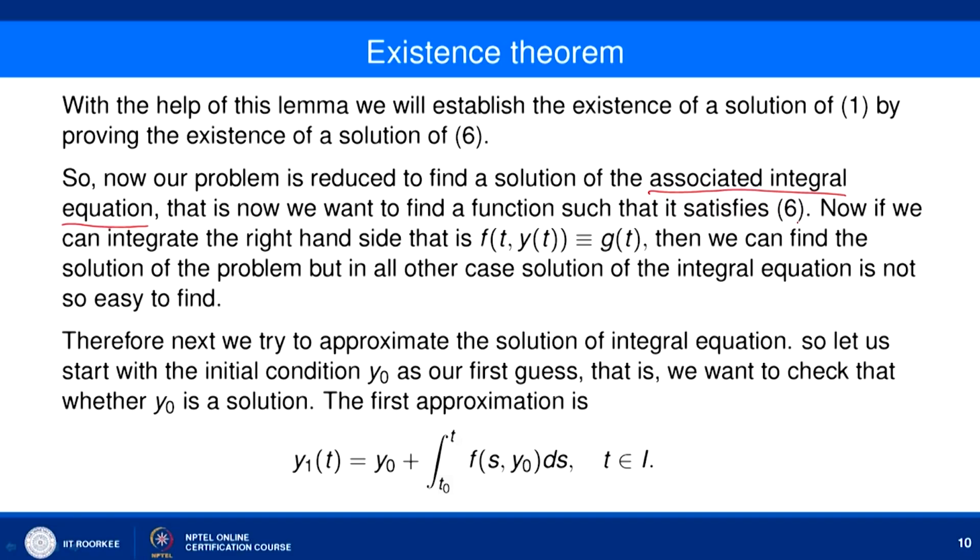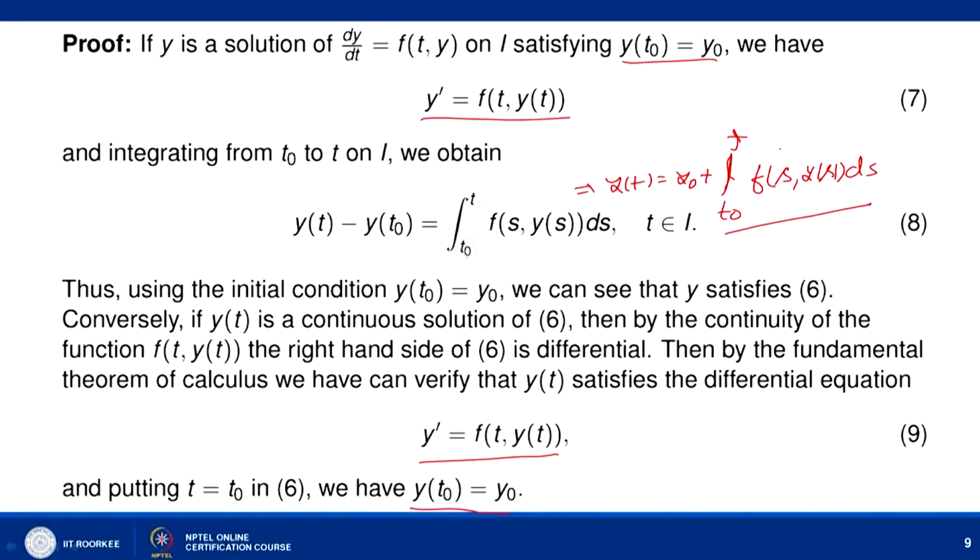Here it may happen that we can integrate the right hand side, that is, f(t, y(t)) is some function of t which we can integrate. If f(s, y(s)) is integrable and we can find this integral in a precise manner, then we can find the solution y(t) in an explicit manner.